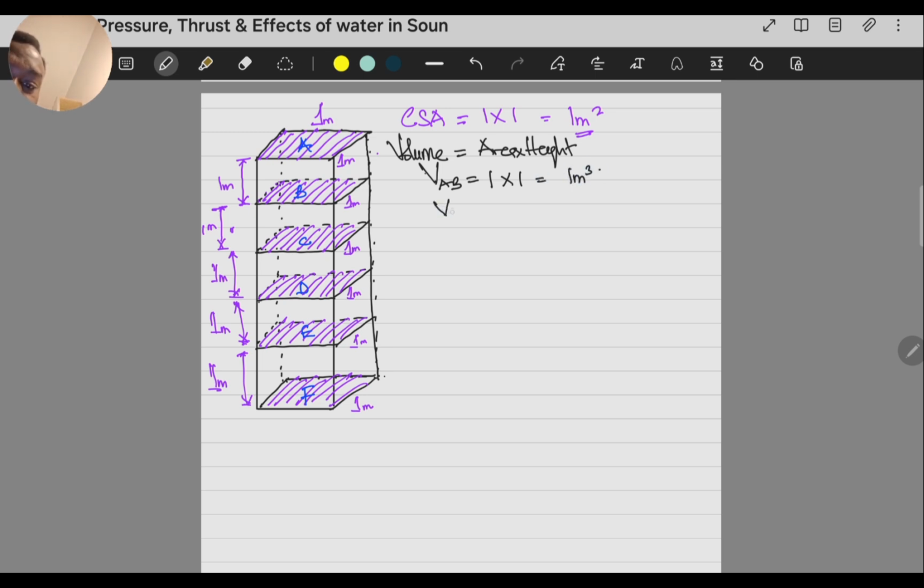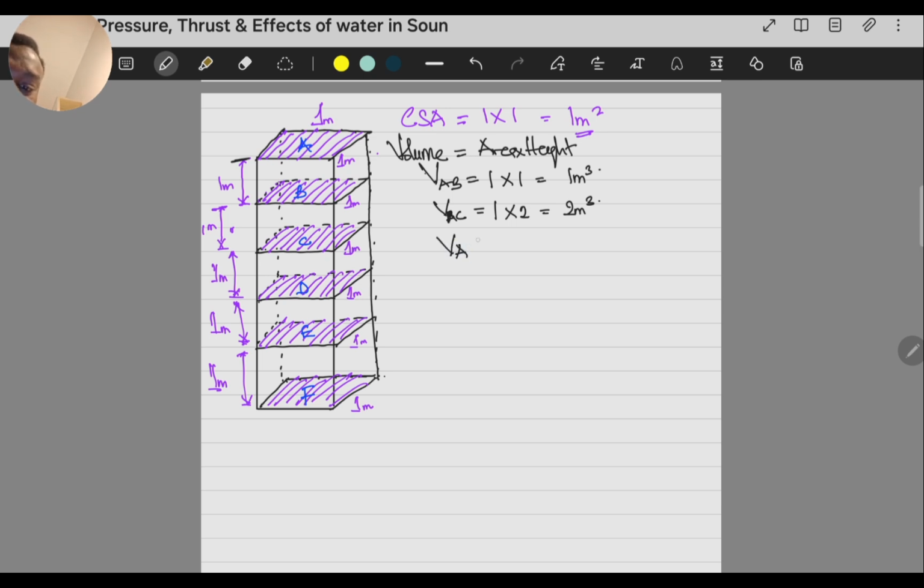If we consider the volume between A and C, now we're going a step downward, the area is still the same cross-sectional area, 1, because the cross-sectional area is constant, so 1 times the height, which is now 1 plus 1 is 2, so we have 2 meters cubed.